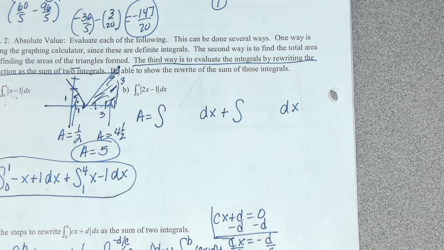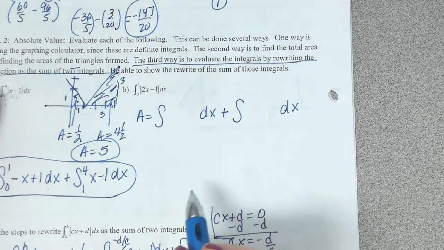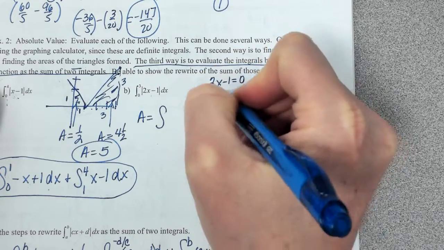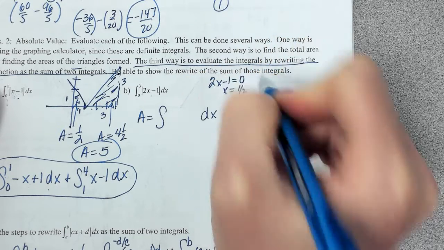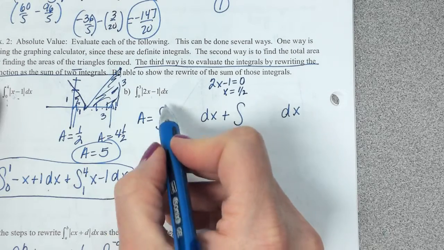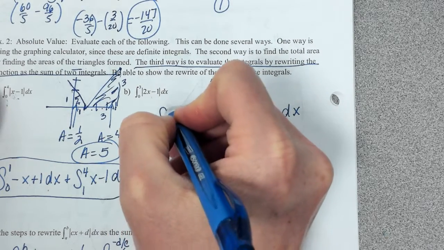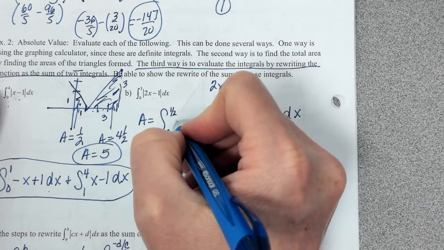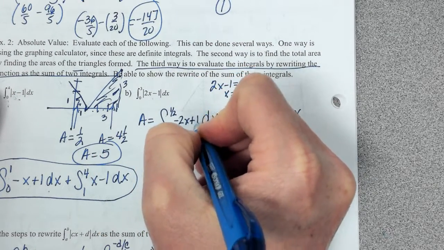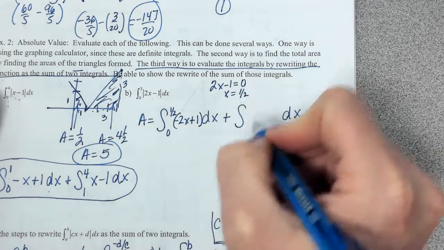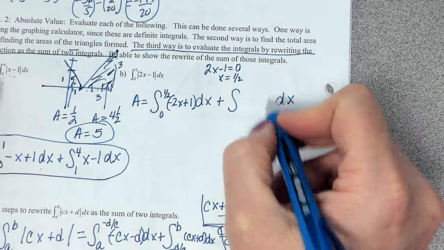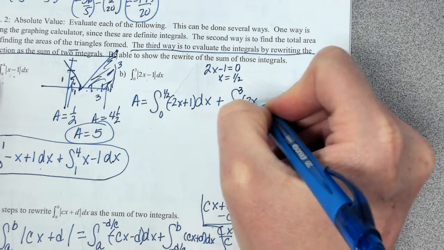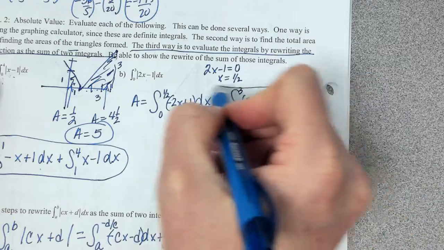Casey, explain what you did. I found the vertex by taking 2x minus 1 and equaling it to 0, and that came out with 1/2 of the vertex. Good. Okay, so then what did you put here and here? That's 0 to 1/2. And then I took the equation, and then times it by negative 1. Okay, good. So that goes there. And then what about for this part? 1/2 to 3. And then I just took the actual equation. There you go. That's how it works, guys.